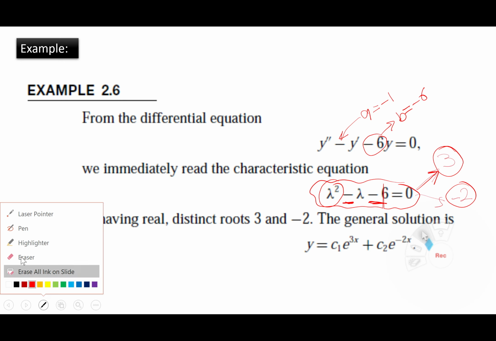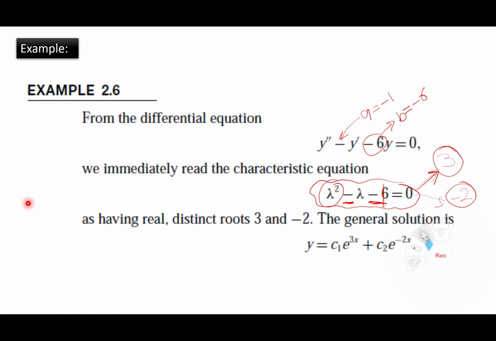So again, what I have done here is pretty easy. Just from the differential equation, as you can see here, I found that I have the second derivative with coefficient 1, the first derivative with -1, and the function itself multiplied by a number, equal to 0.